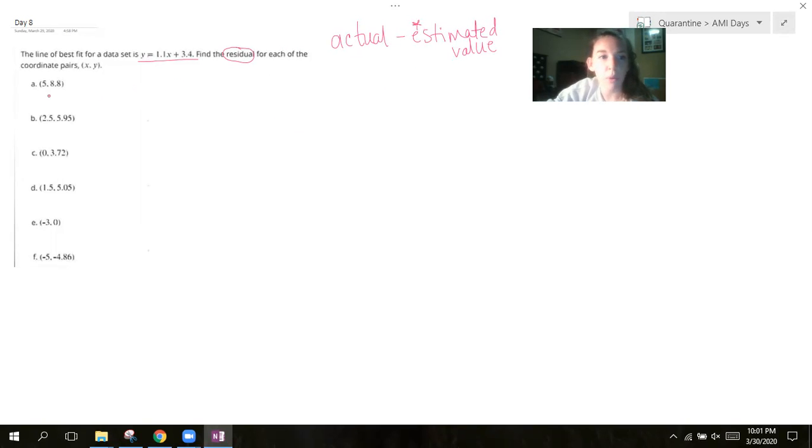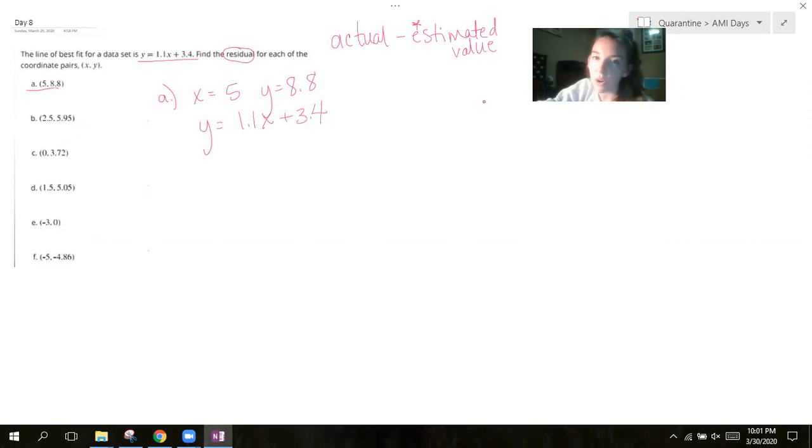Okay, so let's start with part A. It's all we're looking at right now. So we have A, and it tells us our x value is 5 and our y value is 8.8. It also tells us in the description that our line of best fit is defined by this equation.